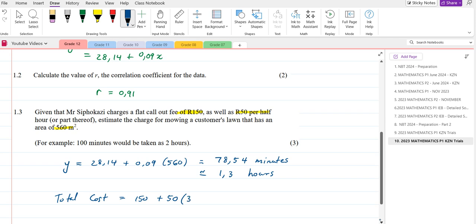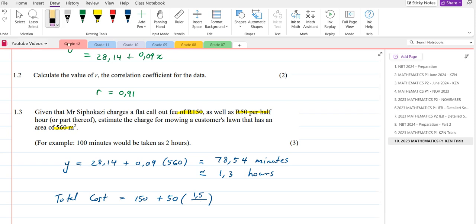So you need to round this up. You still have to pay for that 0,3 hours, so it has to be 1,5. You have to round off to the nearest half an hour.